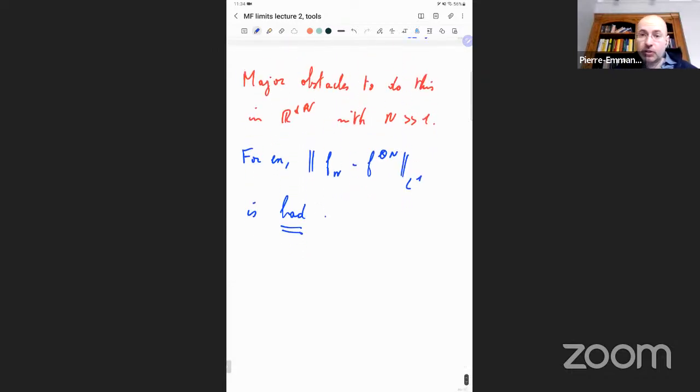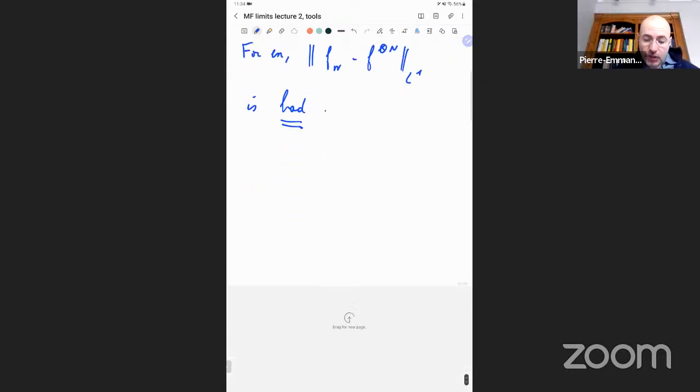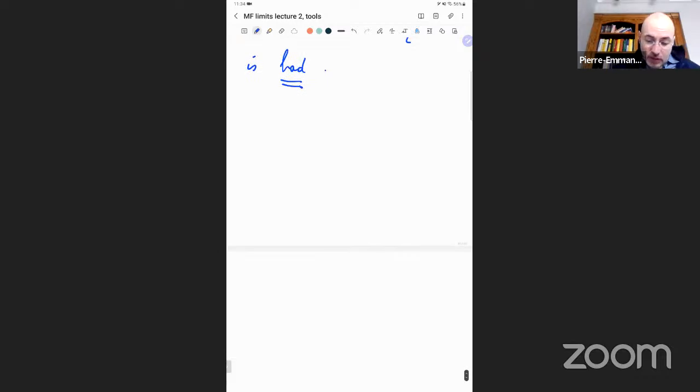The reason it's bad is relatively obvious. Let's say that Fn is indeed tensorized, but I just made a tiny mistake, so I don't have the right function. Let's say that I have a G instead of F. That can easily happen.